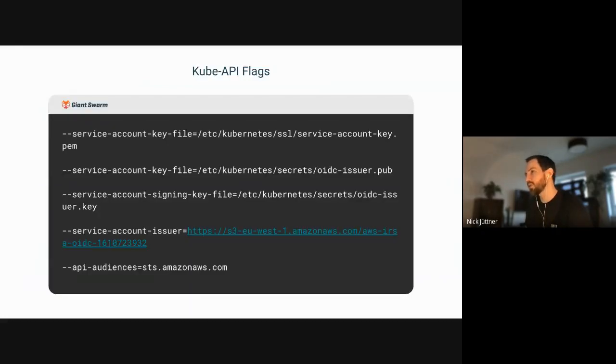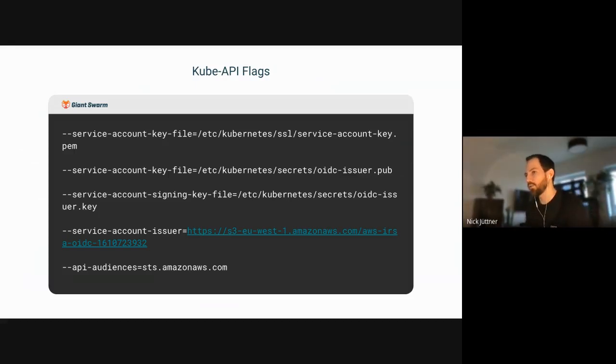Then you also have to set up the Kube API flags. The service account key file you have to set twice, because we already use a service account key file to sign service accounts. If you removed the old one, then all the service accounts which were generated before would not work anymore.